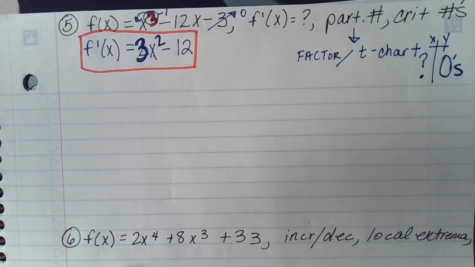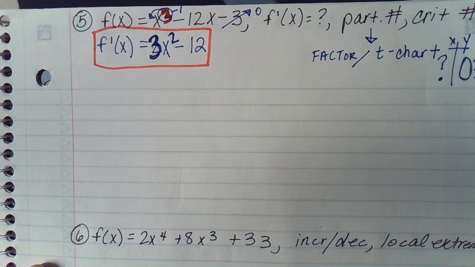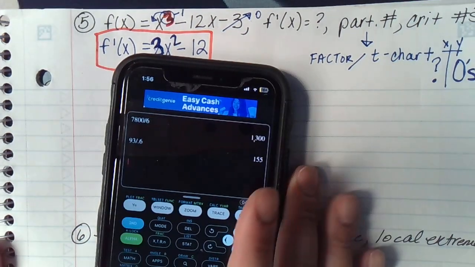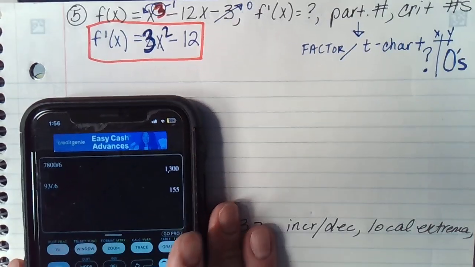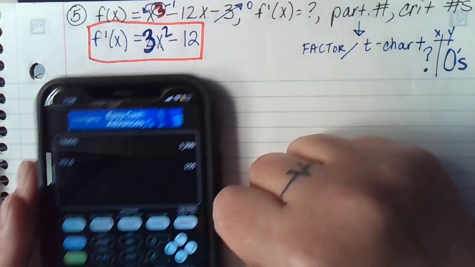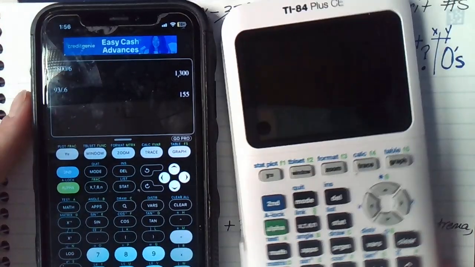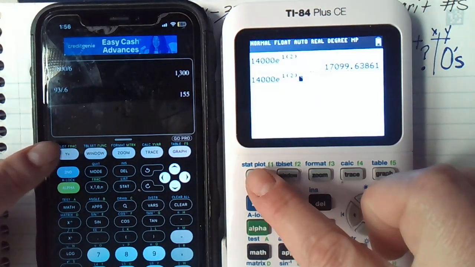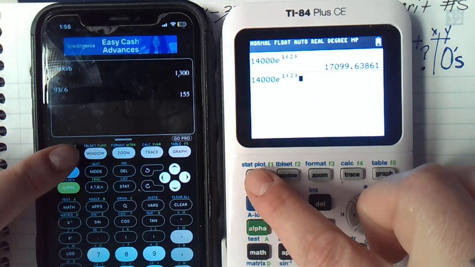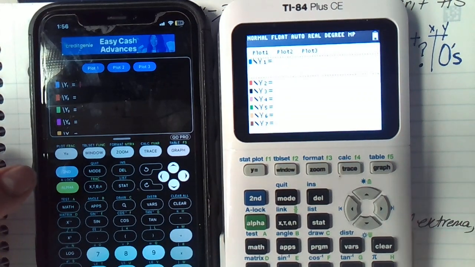So we're going to go to our calculator and we're going to put the derivative into y equals. Y equals is this top left. If you have anything in there, clear it out.